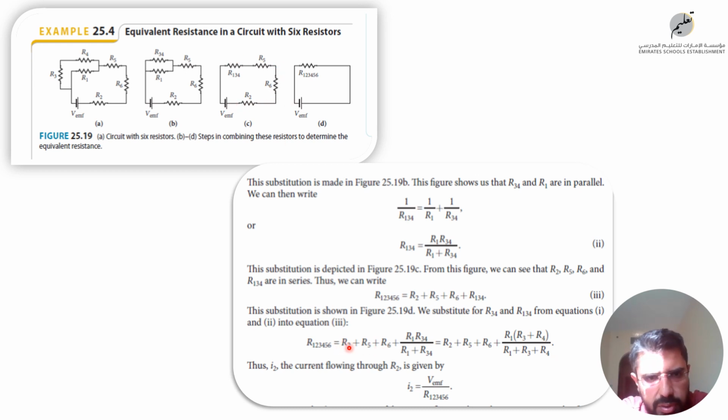It's straightforward. So we add the values of the resistors R1, 2, 3, 4, 5, and 6. So that's how we simplify a complex circuit. First we look for resistors that are in series, then we look at resistors connected in parallel, and then we add them easily.